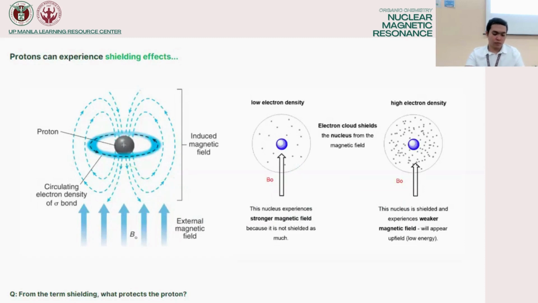Okay. So from the term shielding, anong nagpo-protect sa proton? Pag may sinabi tayong shielding effect. Oh, correct, electron. So this is your axis. So this is your rotation.